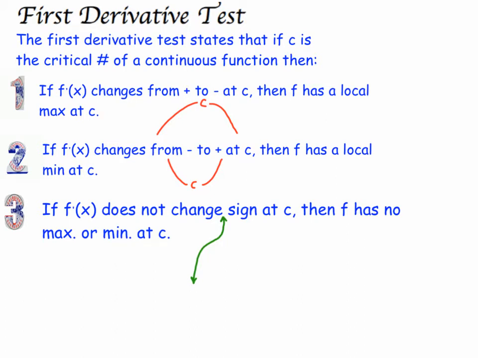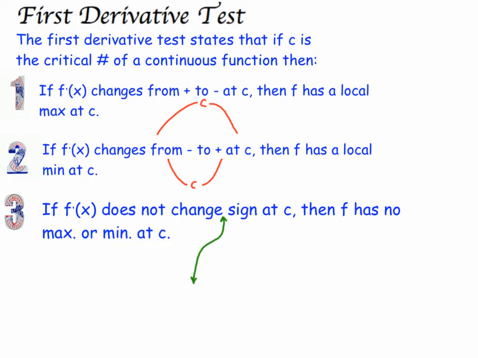So the first derivative test states that if c is the critical number of a continuous function, then for 1, if the derivative changes from positive to negative, then we found a local or relative max at the point c. If the first derivative changes from negative to positive at c, at the critical number, then f has a local or relative minimum at c.